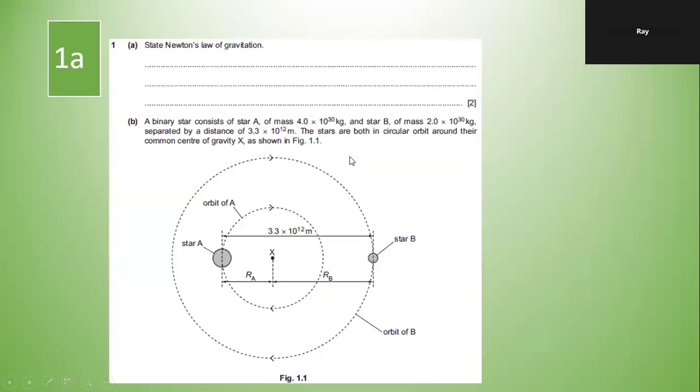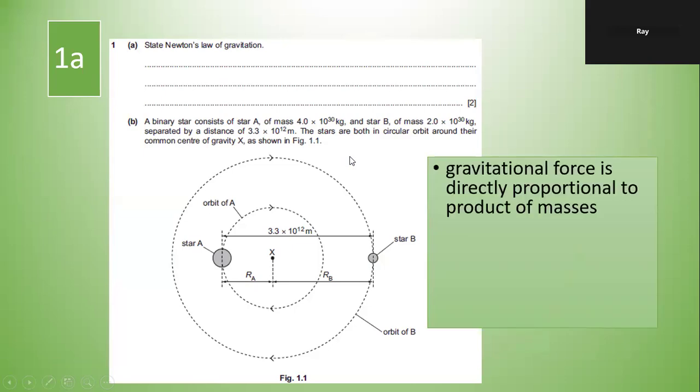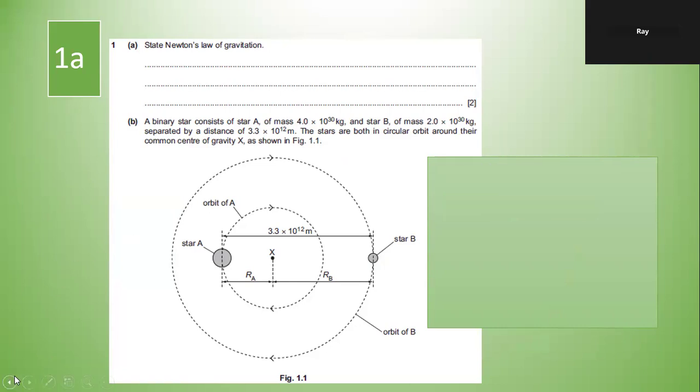State Newton's law of gravitation. Gravitational force is directly proportional to the product of masses and inversely proportional to the square of the separation.